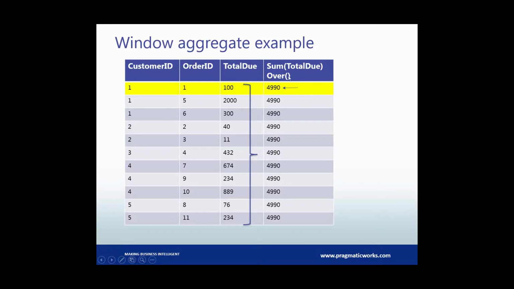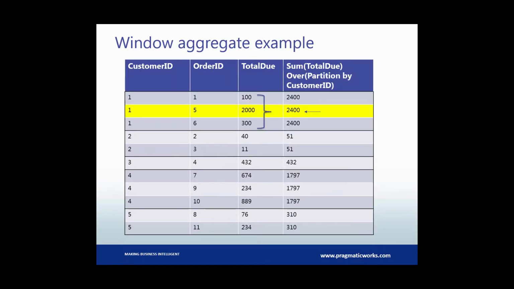If I include the over, I don't have to add the group by. So whenever I specify over with empty parentheses, that means perform that calculation over that entire result set. So when I'm on that first row, I'm going to perform a calculation and add up all of those total dues.